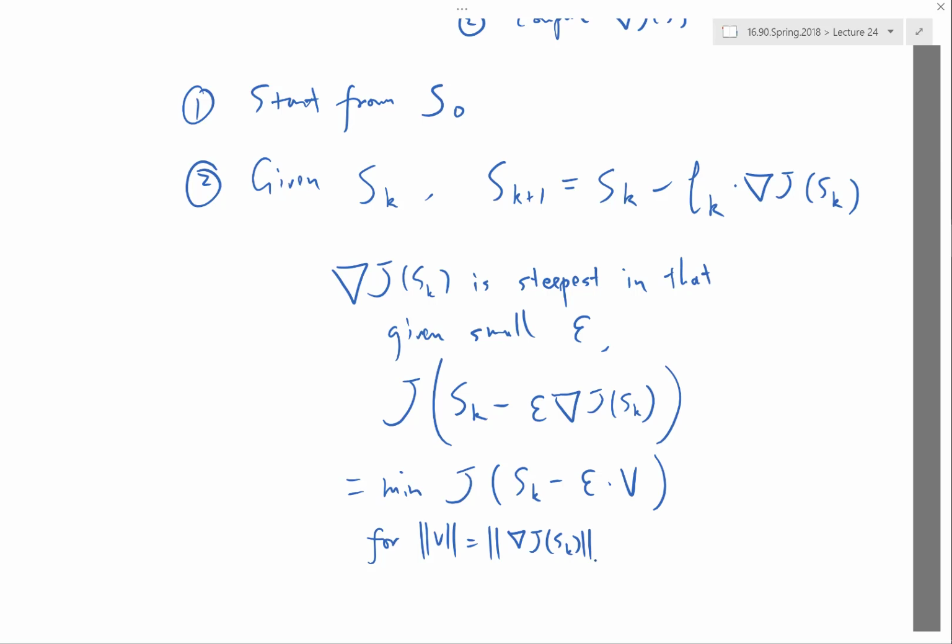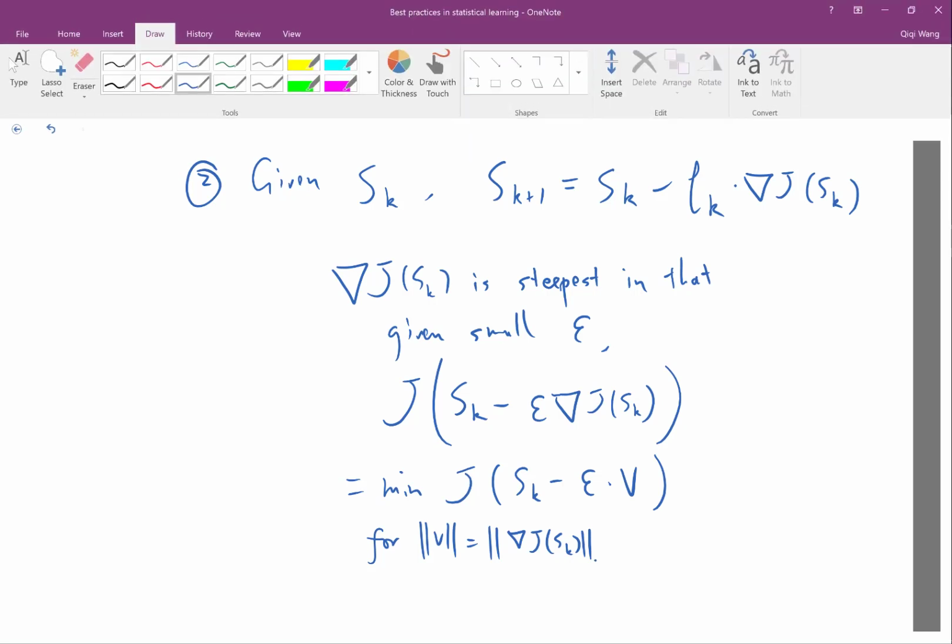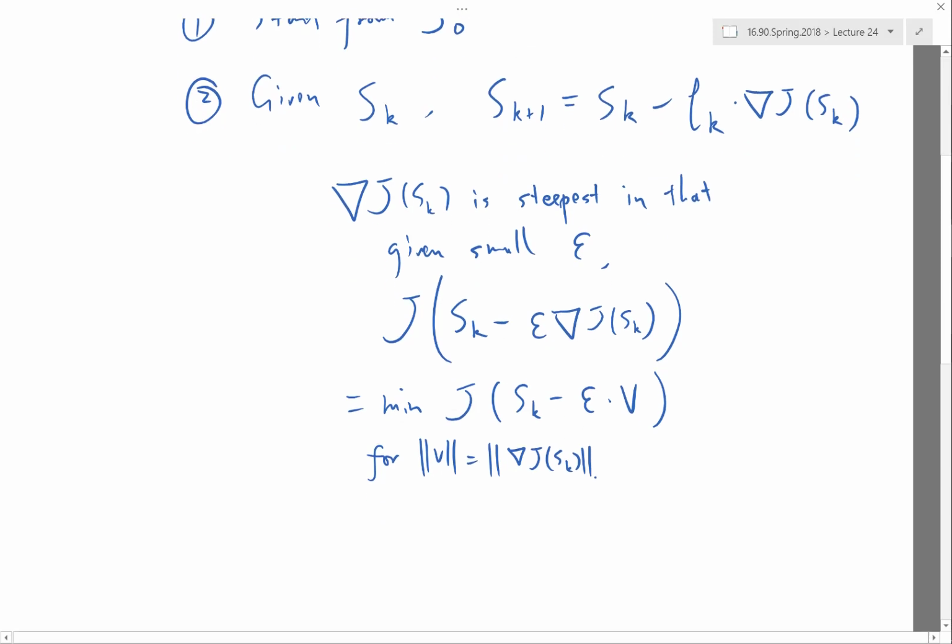Well, the answer to that question maybe can be visualized in a contour plot. If I'm taking a very small step, I'm really zooming in locally near the starting point, sk. For any smooth objective function, if you think of a contour map and I zoom in and zoom in locally, what does the contour map look like?